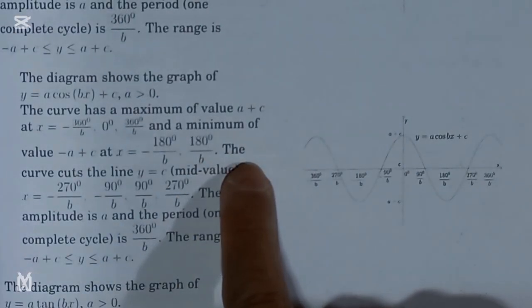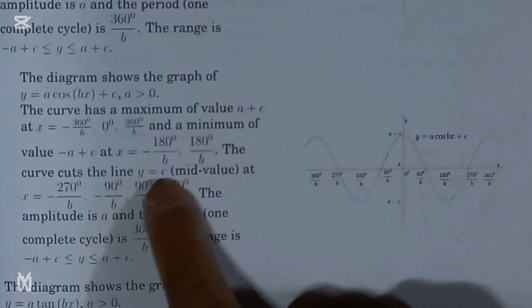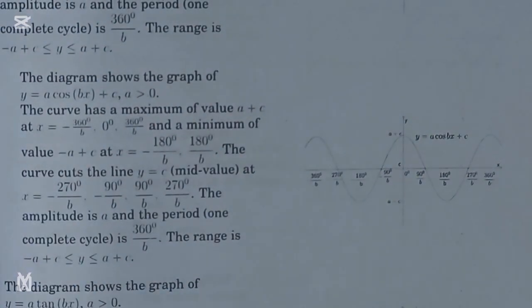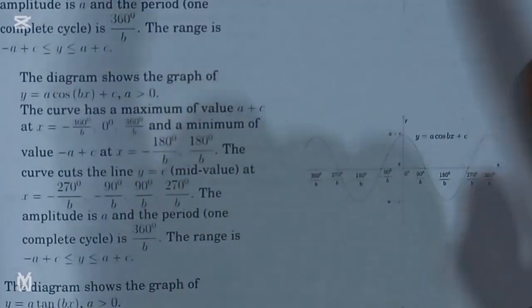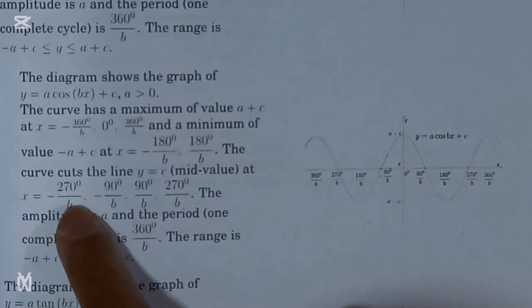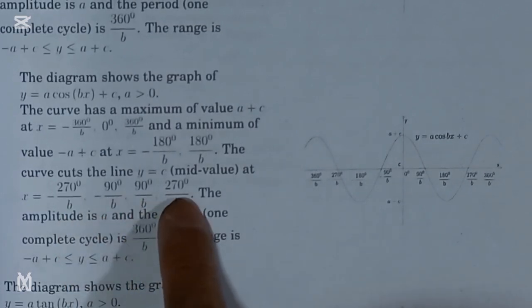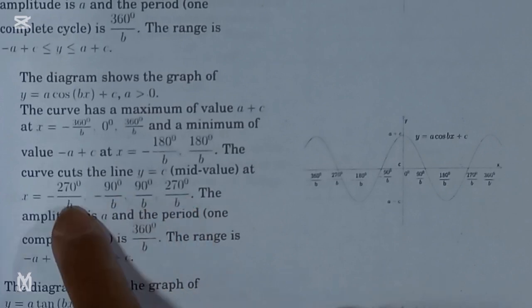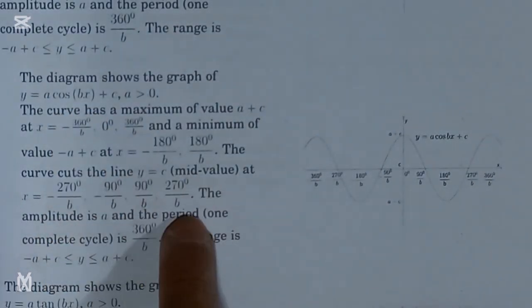Next thing which we are going to discuss is the curve cuts the line y = C. If you remember the concept of y = cos x, the curve cuts the x-axis of the cos x graph at −270, −90, +90 and +270. The only difference will be to divide these values by b. So the rest of the line will be the same.